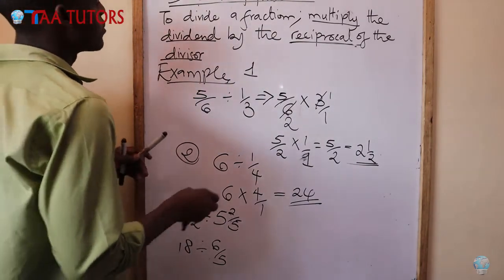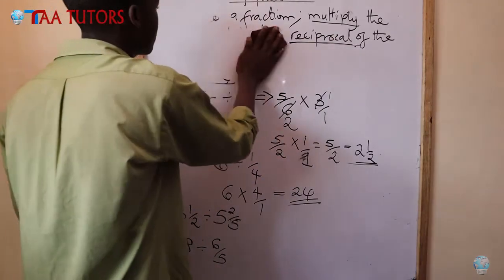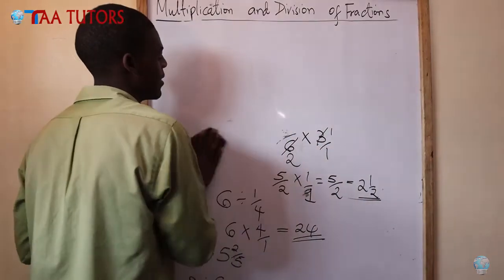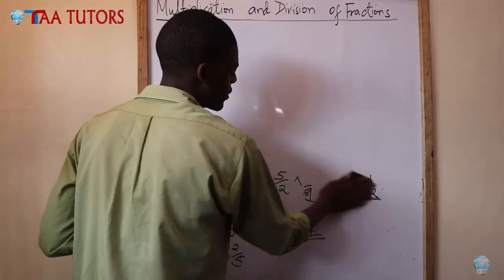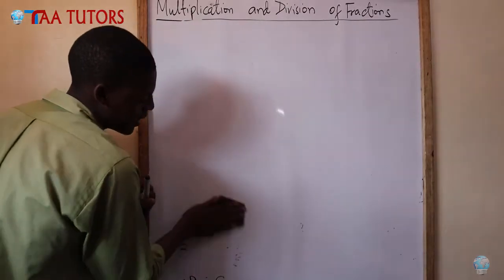We will move forward to do combined operation. And I talked about combined operation in whole numbers. Combined operation is a case where the operations that we have done before are now brought together in one question.